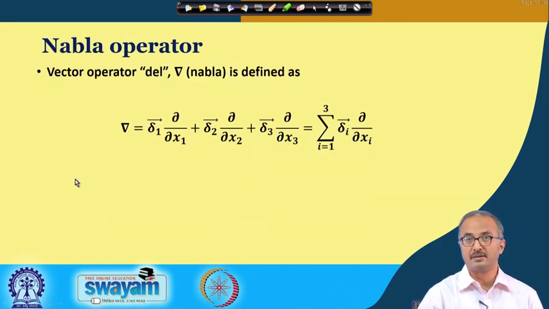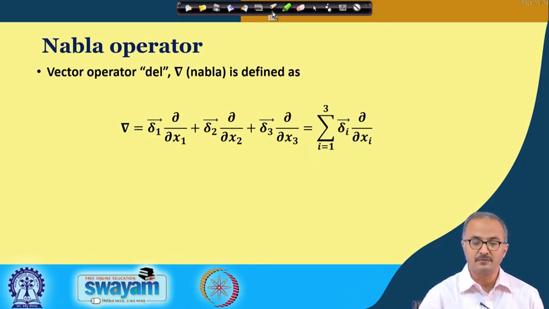Next is the Nabla operator. Nabla operator is generally used to represent the partial derivatives which we encountered many times in the transport phenomena equations. Now you see that Nabla is given in the space direction. So we see delta 1 dyadic product with dou by dou x1, then delta 2 with dou by dou x2, and delta 3 with dou by dou x3, and again we are putting it in a concise manner like this.